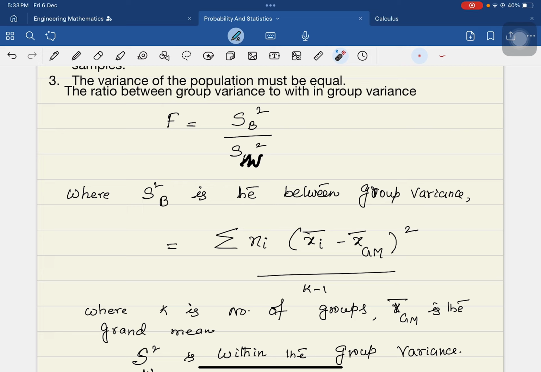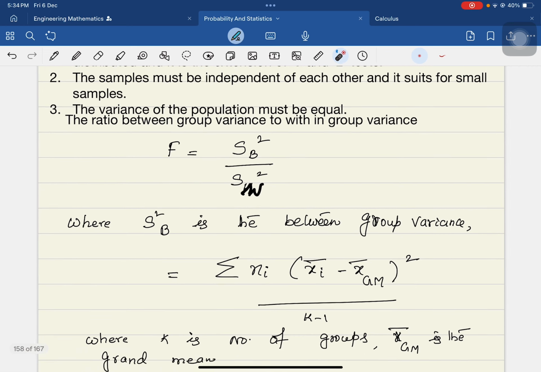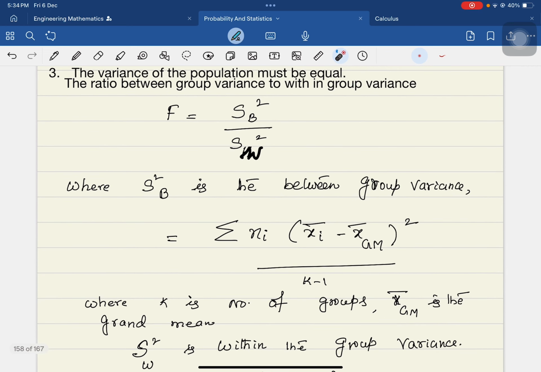That means the sum of Ni times (xi bar minus xGM bar) squared over k minus 1, because, as I told you, it is suitable for small samples. Always when you take a small sample, if you remember from the earlier tests, the denominator for the variance is n minus 1. Here we are concentrating on the number of groups, so it is k minus 1, where k is the number of groups. XGM bar is the grand mean or group mean, whatever you say.